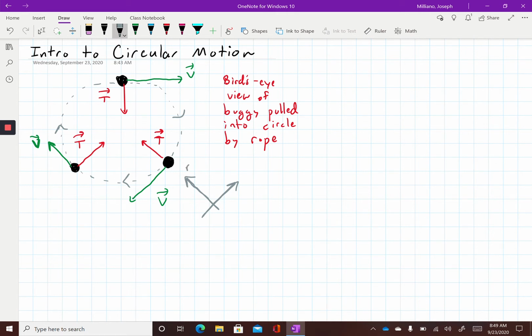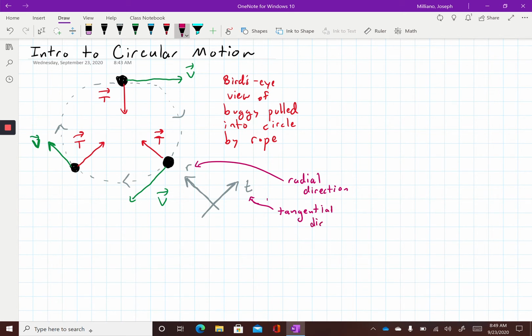So we'll call this the R direction, and we'll call this the T direction, where R stands for radial direction, along the radius, and T stands for tangential direction.